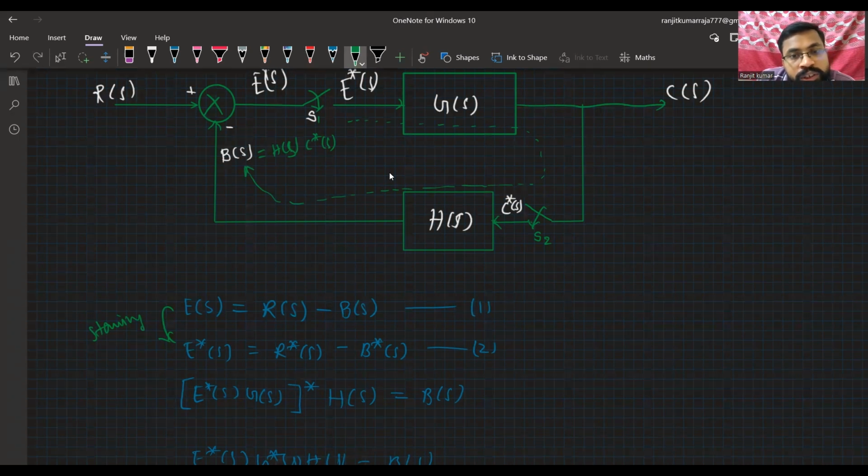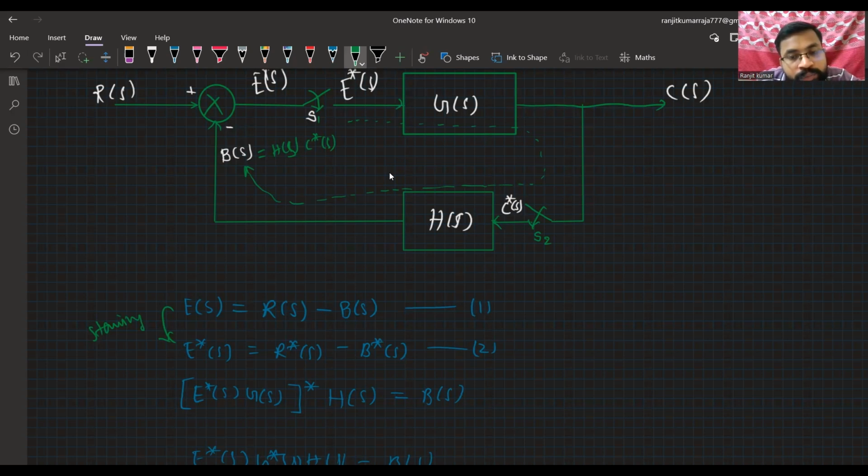Now these two functions are followed by a sampler, so this sampler will apply the star to the whole thing, that is E star of S into G of S whole star. So I have written the same here.